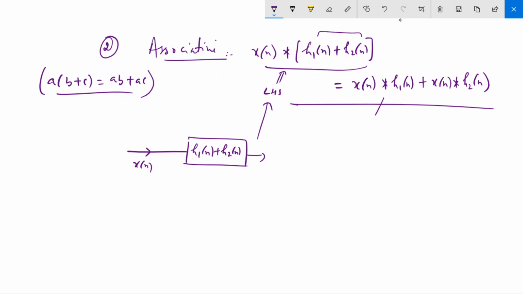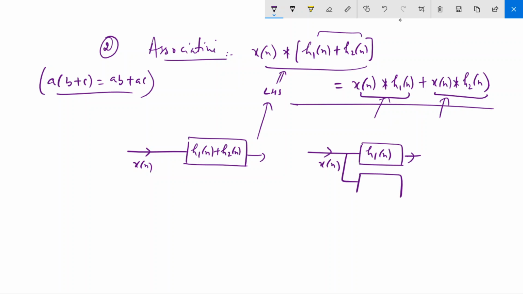On the right hand side, you are first finding the convolution of x[n] with h1[n], which means you are passing x[n] through a system with impulse response h1[n] and getting this output. Then the same input is passed through a system with impulse response h2[n], and then you add them together. This is your right hand side, and both of these are equal.